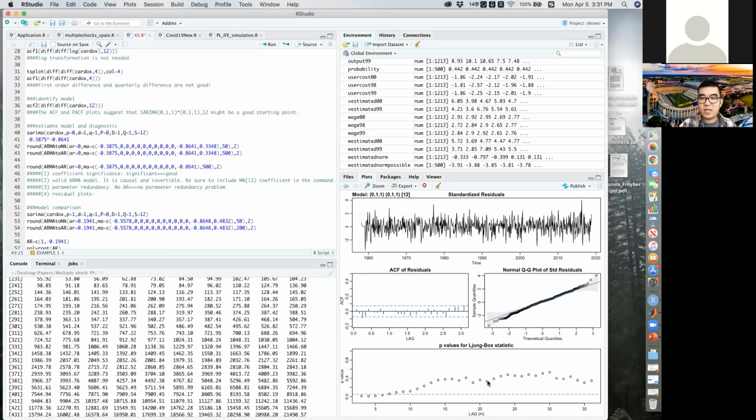So this suggests that our model might be acceptable, but there might be some problems in the first 4 lags. So the conclusion is that the residual plots are good, but the first 4 lags of the LB statistics are not very good.